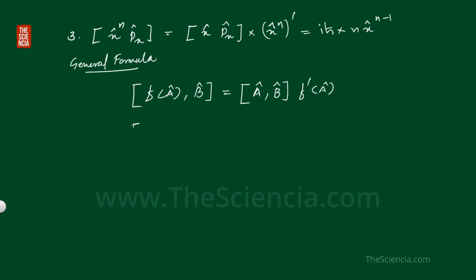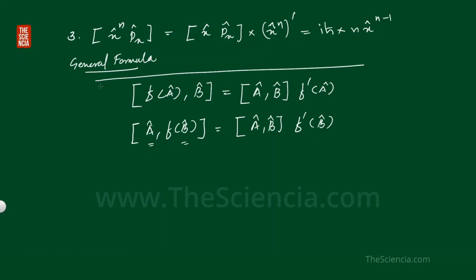Or if it is of the form a cap into a function of b cap, then this is equal to the commutator bracket a cap b cap. See, I took the same order: first a, then b, into the derivative of the b operator. By using this formula, you can solve many problems very easily.